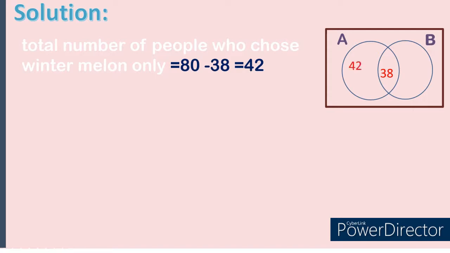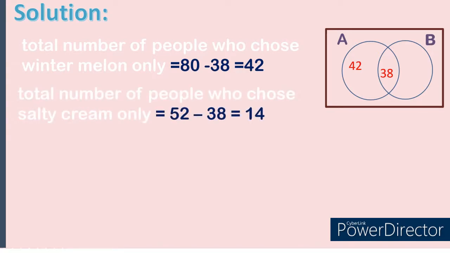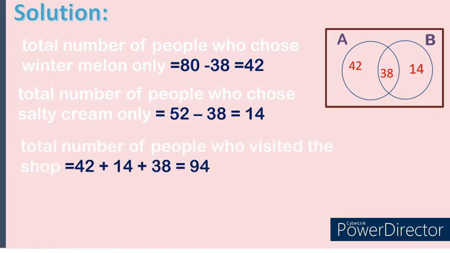Okay, so 42 who choose winter melon only. Okay, next. Total number of people who choose salty cream. Same with winter melon. So, we're going to subtract 52 minus 38 and we have 14 people who choose only salty cream.